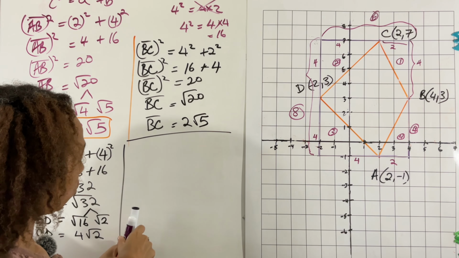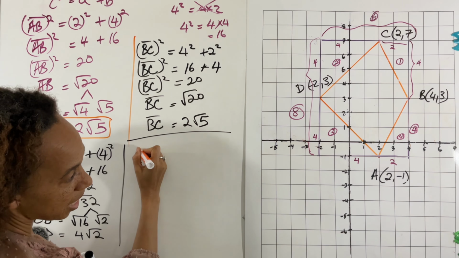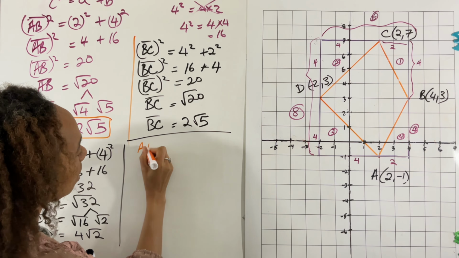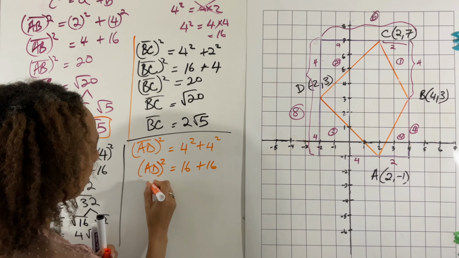So we are going to work on this, and we can say that segment AD to the second power is going to be 4 to the second power plus 4 to the second power. Segment AD square is going to be 16 plus 16.